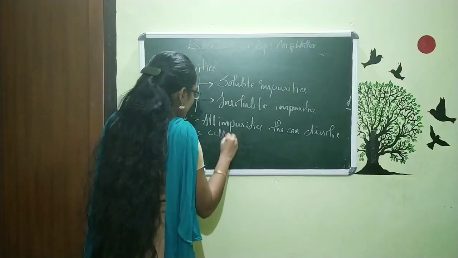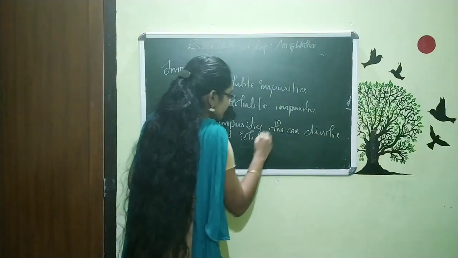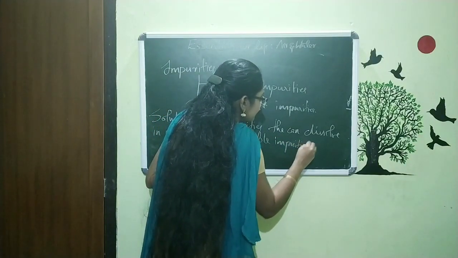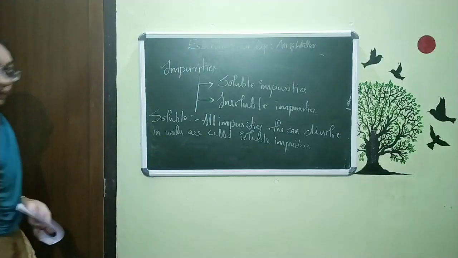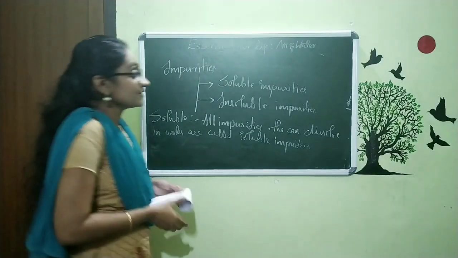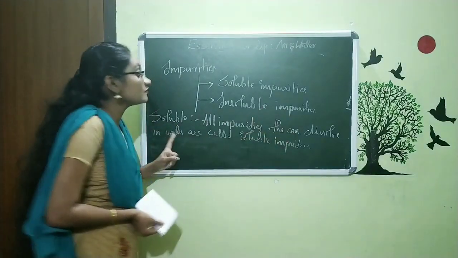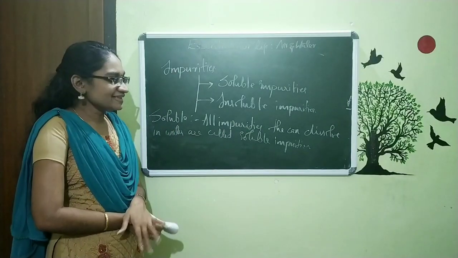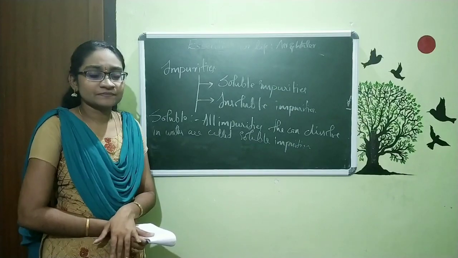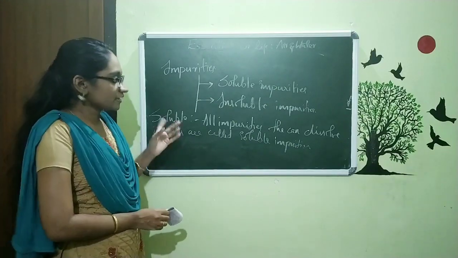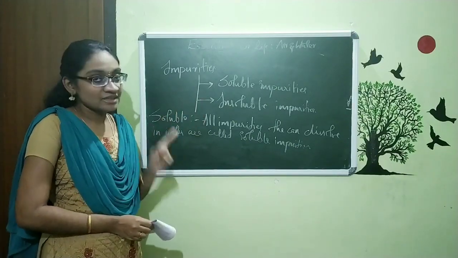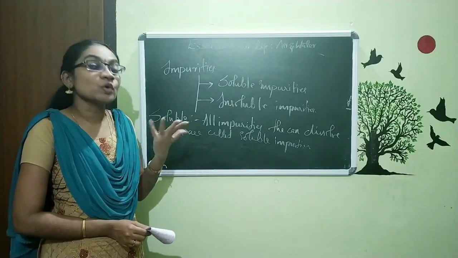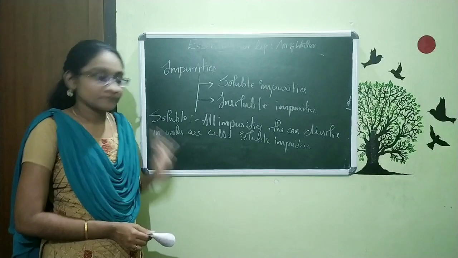So the impurities that can dissolve in water are called soluble impurities. What does dissolve mean? I am not talking about soluble impurities now; I am just giving this example to identify what solubility or dissolving is.